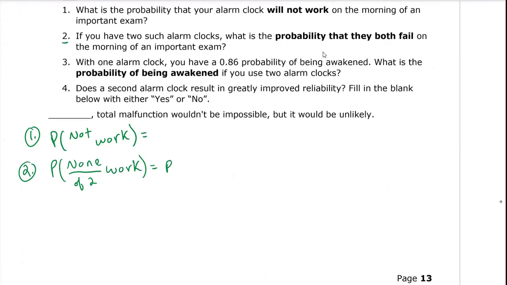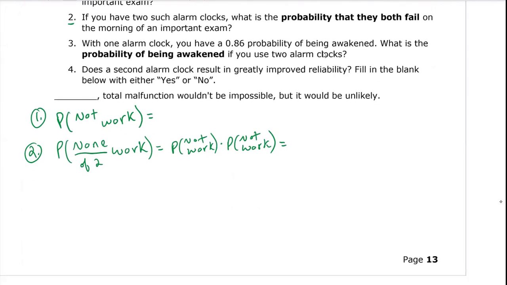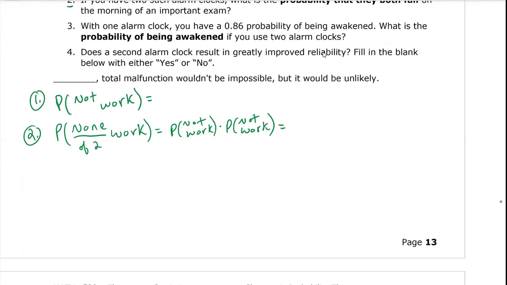So you basically have not work and not work. If you have 2 such alarm clocks, what's the probability that they both fail? You'll have to take your 2 alarm clocks. They're identical, so you just take not work, multiply them together, and you'll get that probability.